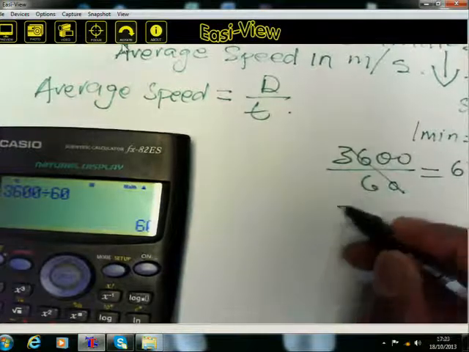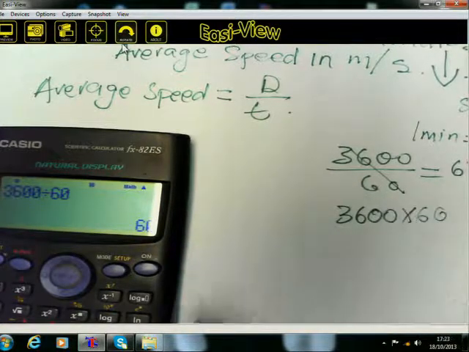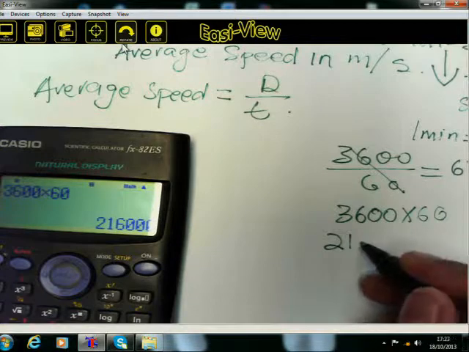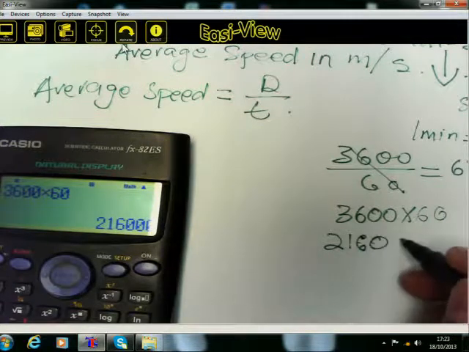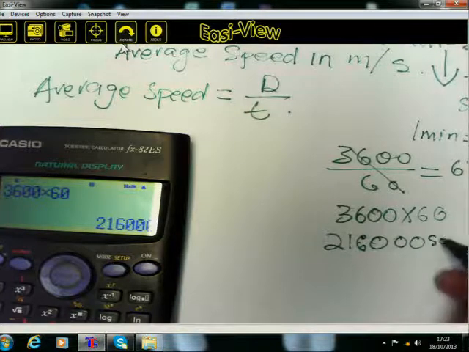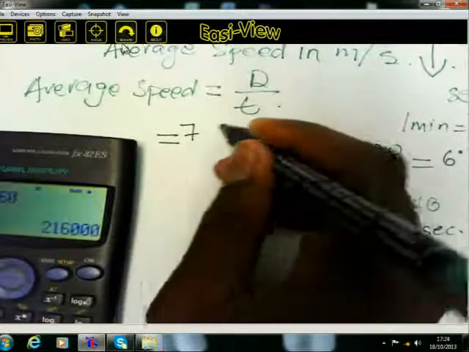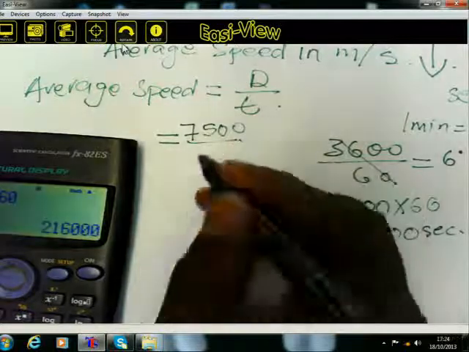We multiply 3,600 multiplied by 60, which is 216,000 seconds.